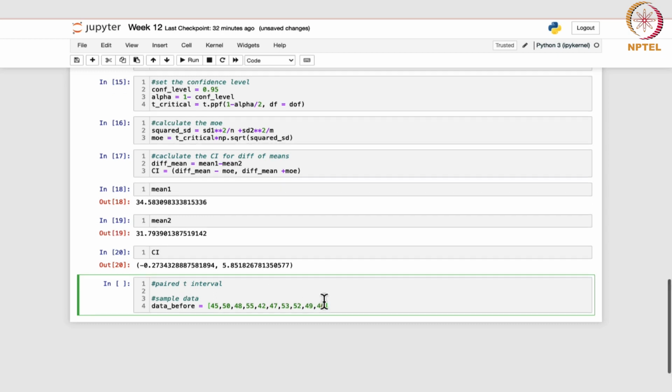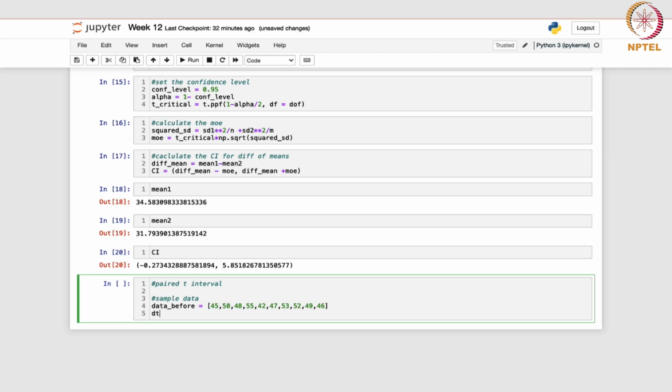Okay, so these are some random values that we have taken. So basically here we are defining these measurements. So data before has 10 observations: 45, 50, 48, 55, 42, 47, 53, 52, 49, 46.